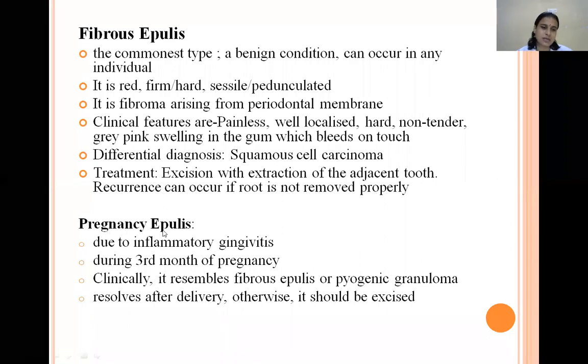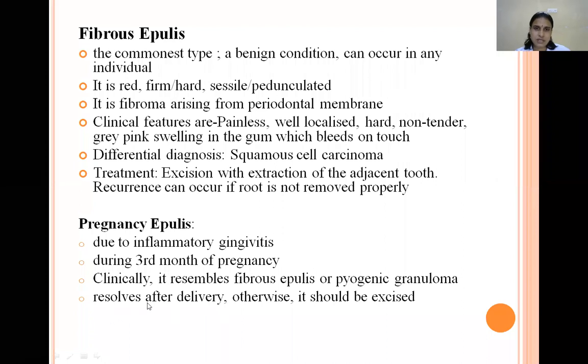Next, there is another common condition, pregnancy epulis, seen in pregnant women. It's nothing but an inflammatory gingivitis. It is just because of inflammation, usually in the third month of pregnancy. It resembles a fibrous epulis on examination. Also, secondarily, there can be pyogenic granuloma formation.